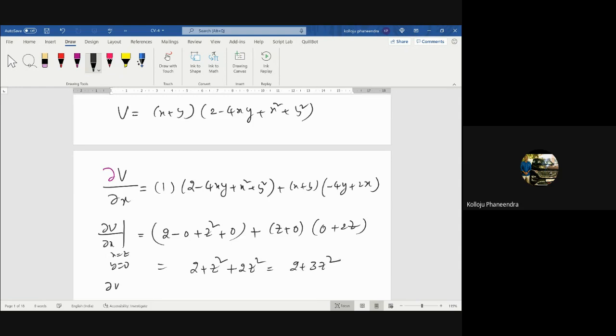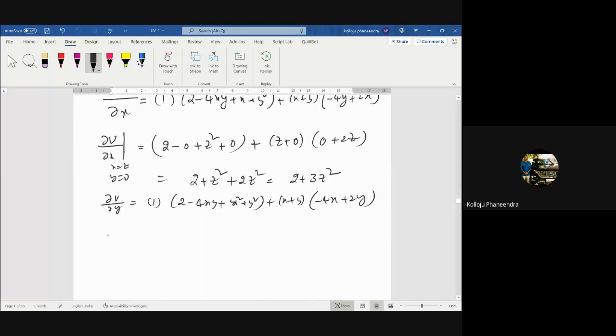Now ∂V/∂y. Same logic, 1 into (2 minus 4xy plus x square plus y square) plus (x plus y) into, with respect to y, minus 4x plus 2y. Now this is ∂V/∂y at x equal to z, y equal to 0.